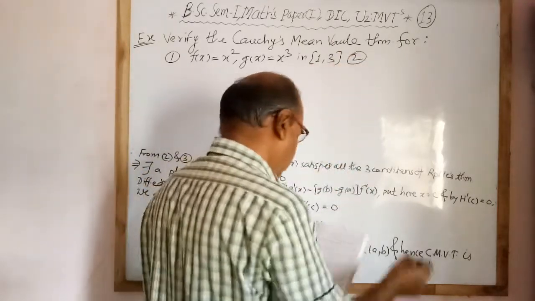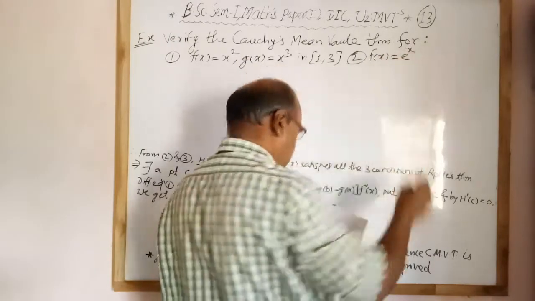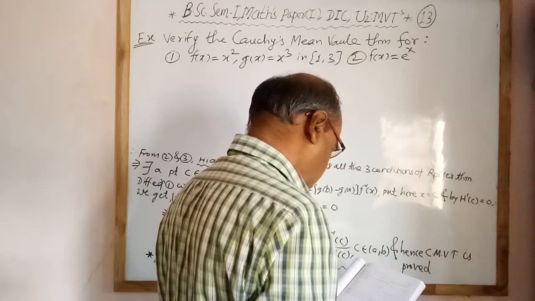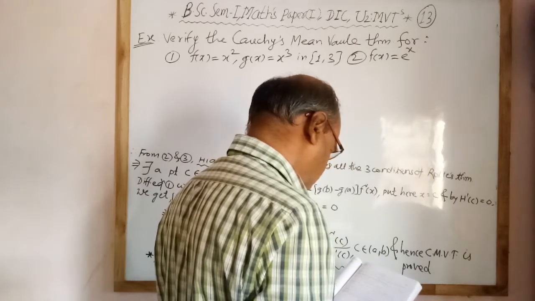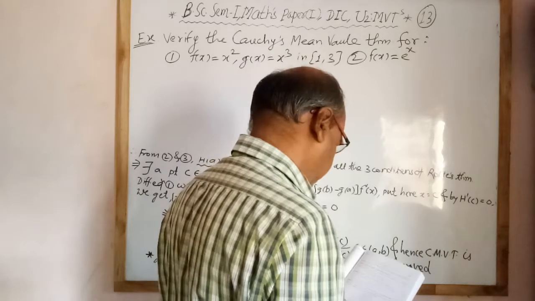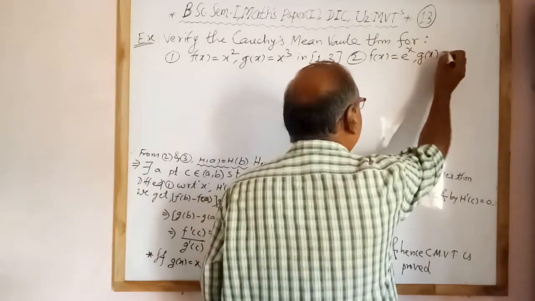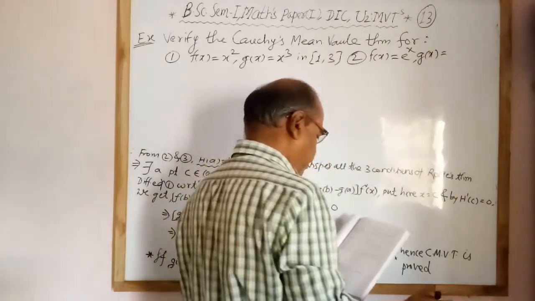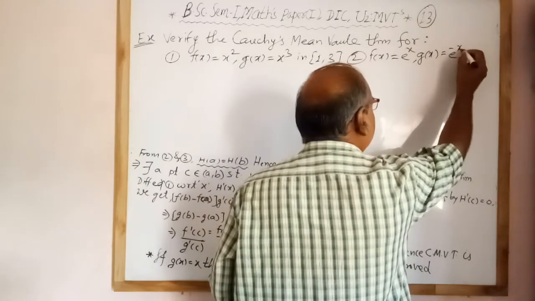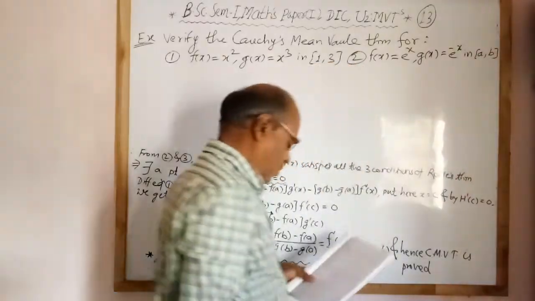Second, f of x equals e to the power x and g of x equals e to the power minus x in the closed interval [a, b].